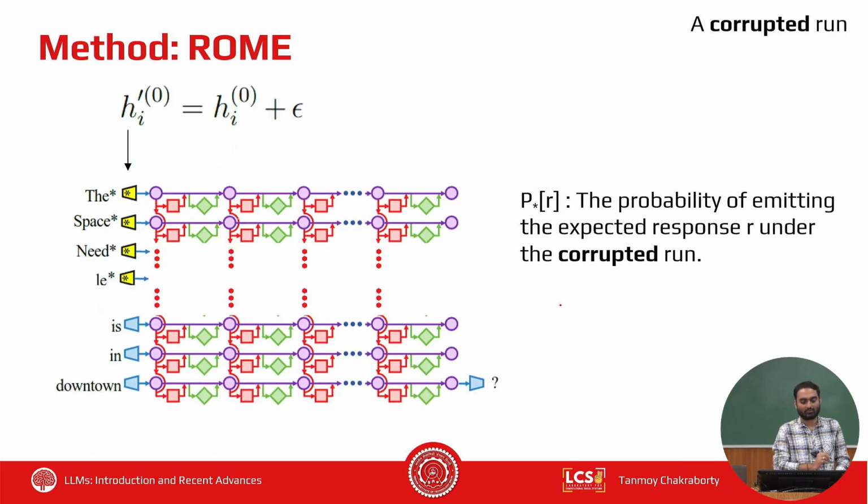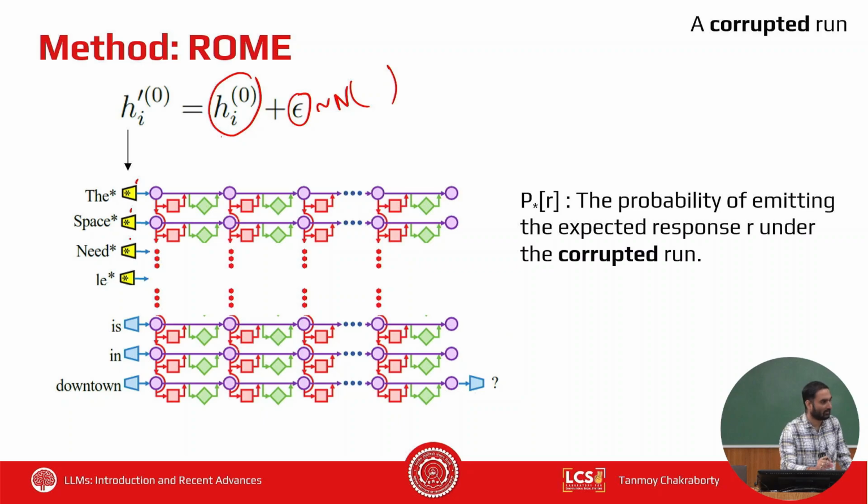Now what do you do? You run a corrupted model. What is this corrupted model? In the corrupted model, you corrupt the input embeddings of the input. You see this yellow block? This yellow block is the original embedding of the input plus some sort of error, noise, and this noise is sampled from a Gaussian.